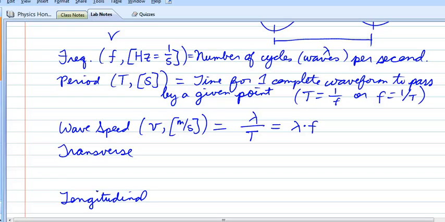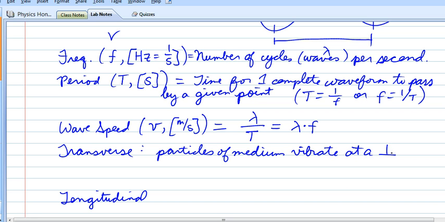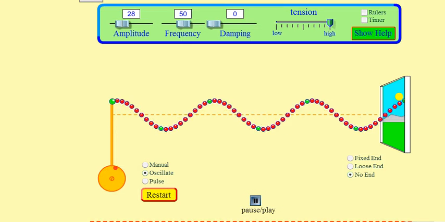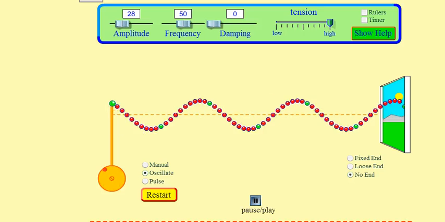So what I mean by that is, in a transverse wave, the particles of the medium vibrate at a right angle, so I'll just say it perpendicular to the wave motion. And transverse waves pretty much just go through solids. And we'll talk a little bit more about that later. As an example, this is a transverse wave. Each of the green dots are moving up and down, but the wave is moving left and right.